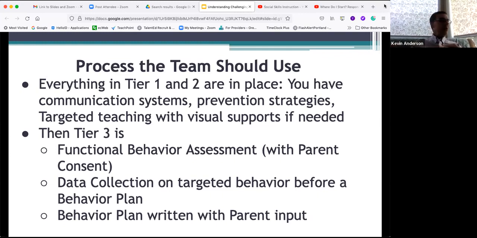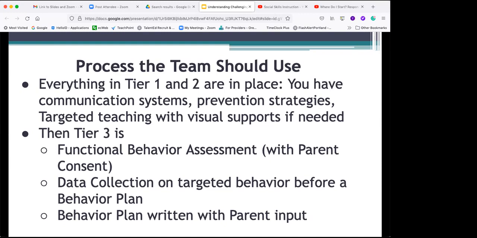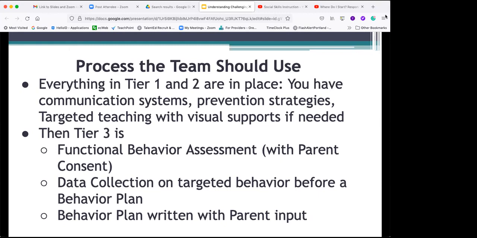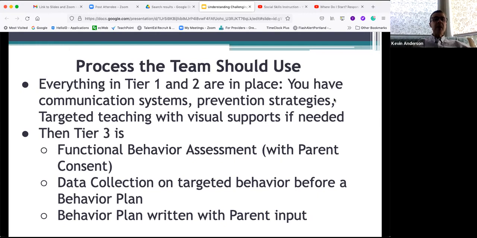If you do get into a situation working with a school team, and you start to hear them talking about challenging behavior, unsafe behavior, those buzzwords that lead you back to this presentation, one of the things you want to talk about is what works for you at home, and what you know doesn't work.